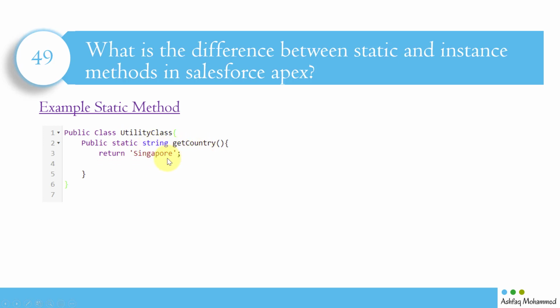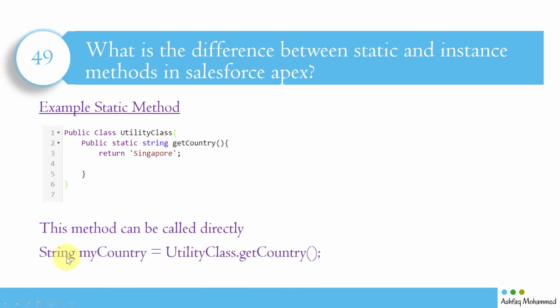As soon as this is called, I get a country called Singapore. Then how will I call this one? This method can be called directly. How? In my other class, I write string my country equals utility class, meaning the name of the class, and then dot get country. Then I will get the value Singapore.